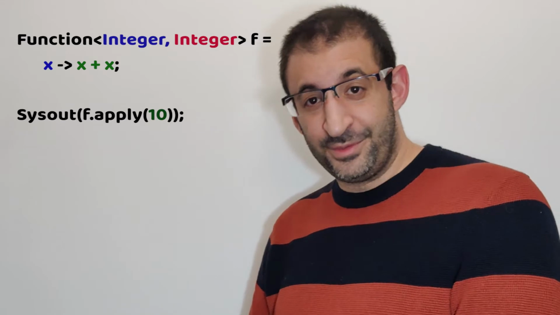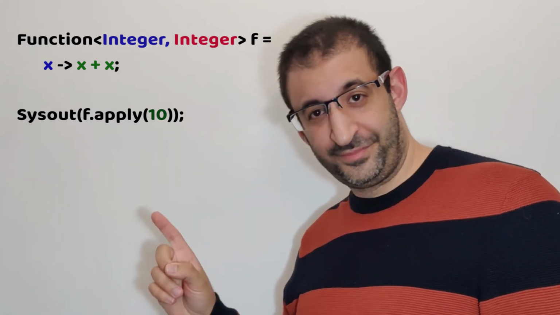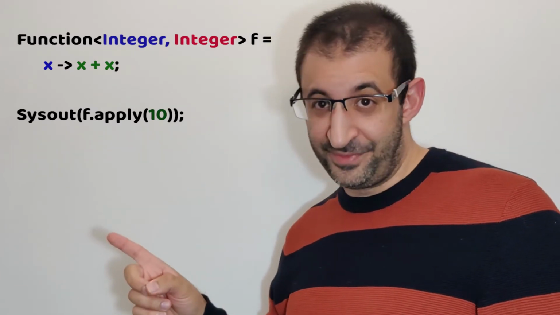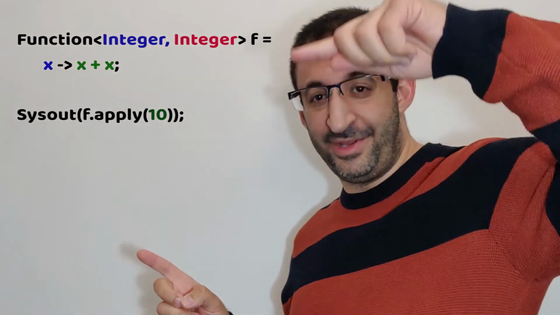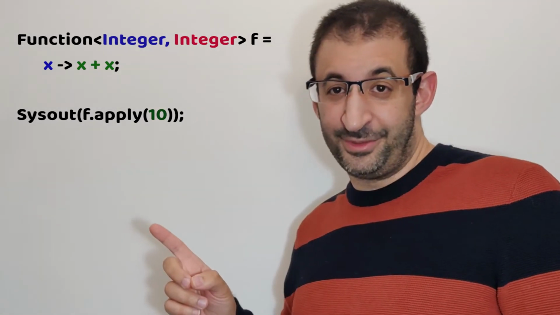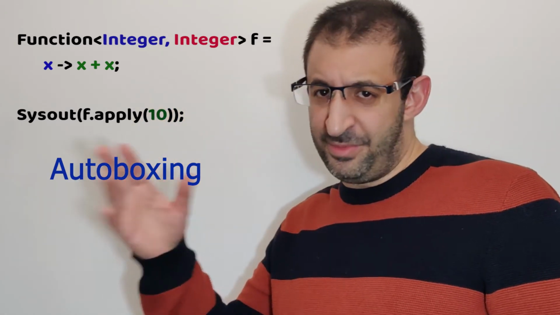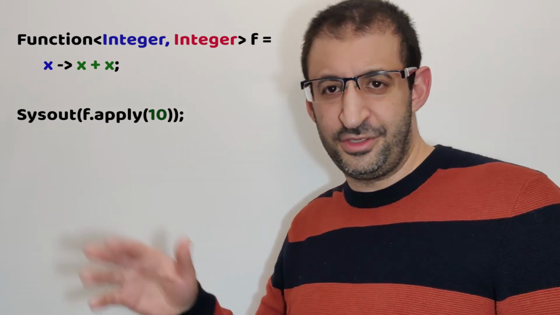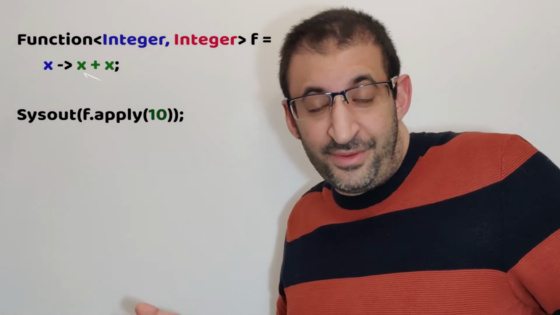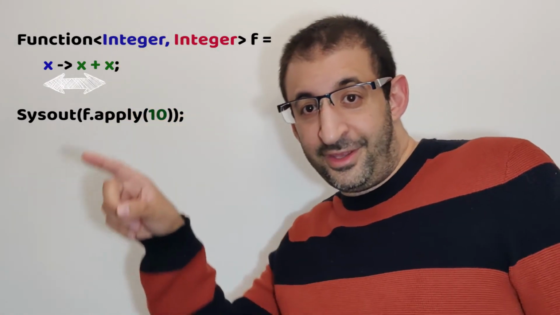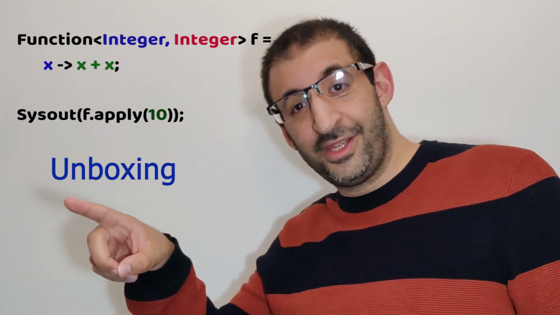Now, what do we have here? I have put 10. It is an int, a primitive type. But I have Integer as my function's input parameter. So I make autoboxing. After this, I make the multiplication or addition, what you want. I can't do it with the object type, so the compiler will convert it again to int, the primitive type: auto unboxing.